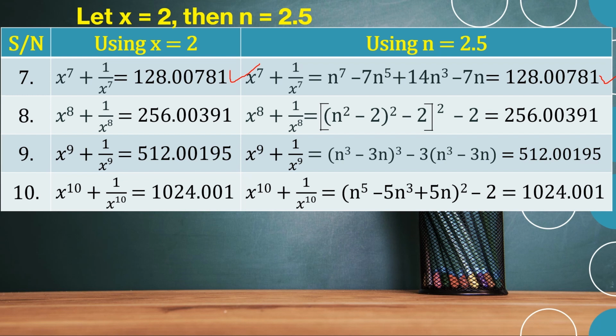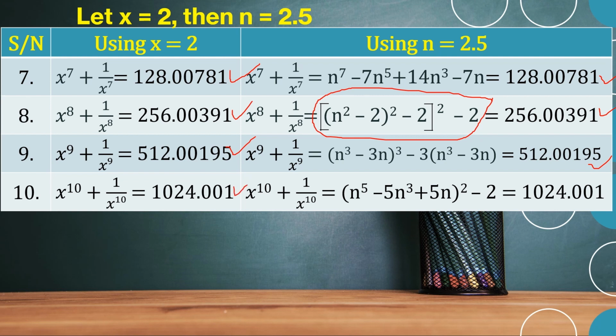And so if we substitute the value for n in any of these equations, we will obtain what we have on the right-hand side in comparison to what we have on the left-hand side. So we can see what we have on the left-hand side and what we have on the right-hand side for the same values, x to the power 9 plus 1 over x to the power 9 in this particular instance. And if you look at x raised to power 9 plus 1 over x raised to power 9, what you get is the same thing.